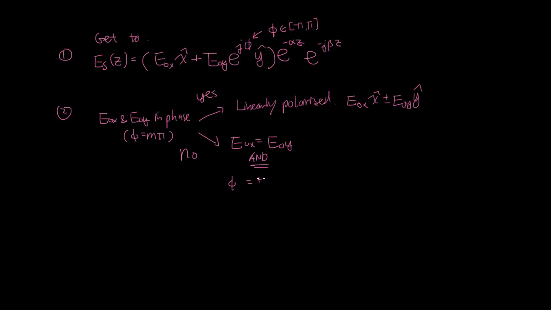If I were to be very general, I would say it's (2n plus 1) over 2 times pi. But if you reduce this so that it's between minus pi and pi, it should just be equal to plus pi half or minus pi half. I'll write it this way so that it's more general. But if both of these are met, then it's circularly polarized.